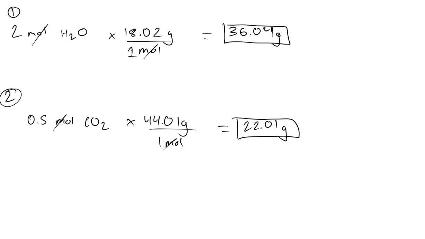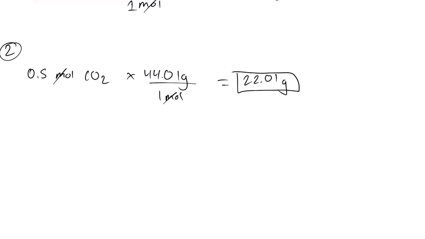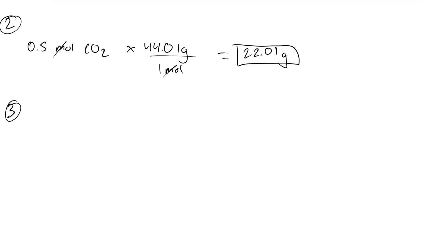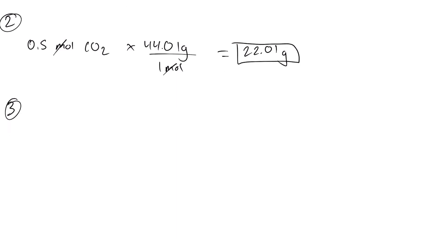Let's try one last problem together, and then I'll give you a few to try on your own. Let's say we have 3 moles of NaCl, and we want to find out how many grams it is. Well, the molar mass of NaCl is 58.44 grams per mole.